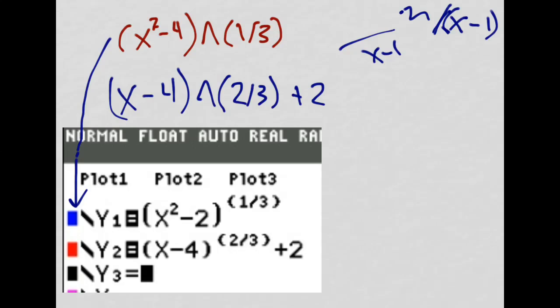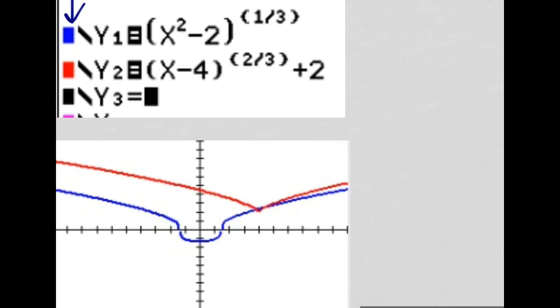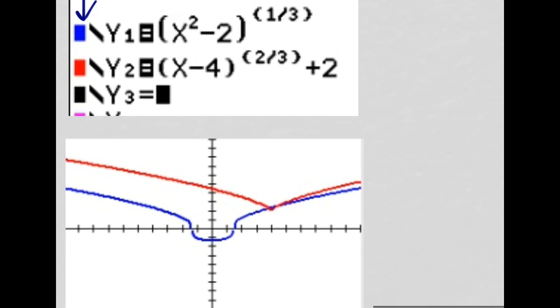And then, again, since we don't really know where these functions are going to be intersecting each other, it is a good idea to start with a standard window and see what happens. So that's what I did here. I started with my standard window, and if you notice, I've got my red graph, which is my 2/3 bird graph, and then I got my blue graph, which is almost sort of like a hyperbola function, but weird and super not like a hyperbola at all, because it's a cube root instead of a square root.